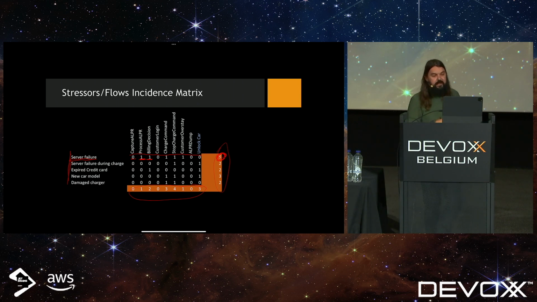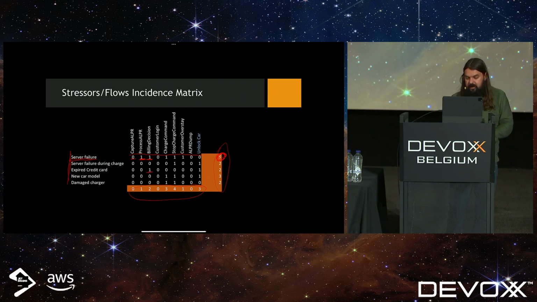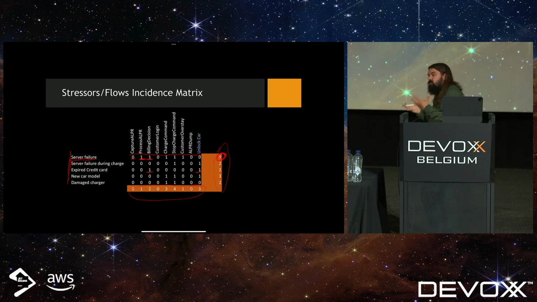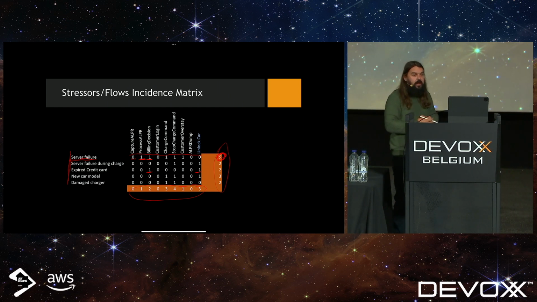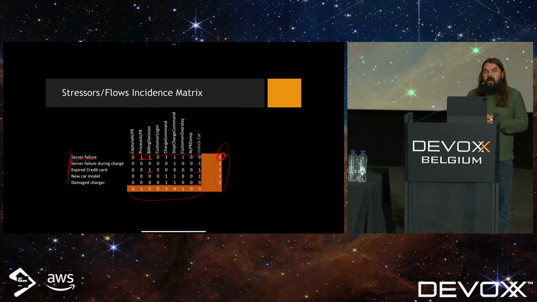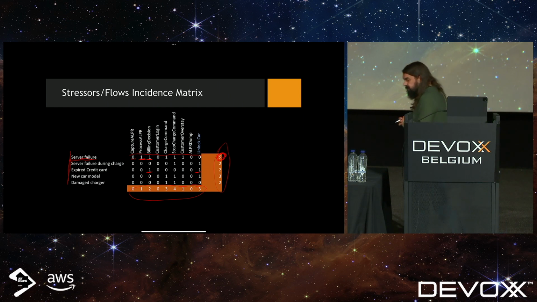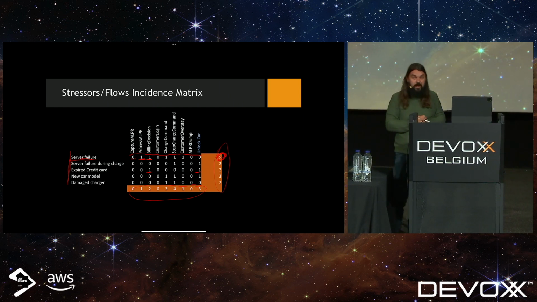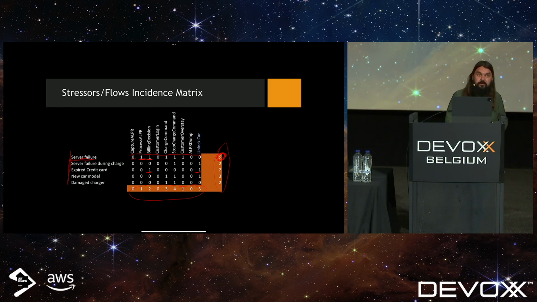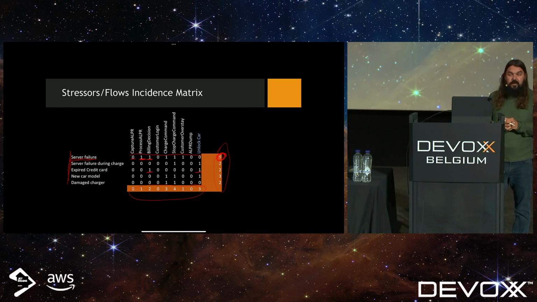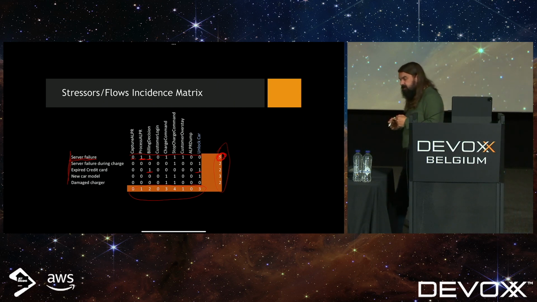So every time we see two 1s, we say that these two things are coupled in some way, and we go back to our adjacency matrices and we say that if there's no functional relationship between these things, what we're actually doing is discovering hyperliminal or invisible coupling, and that means we're discovering non-functional requirements in the system, and discovering non-functional requirements in this way is actually how good architects do it. The good architects don't ask their stakeholders, what are your non-functional requirements, and put all the responsibility on them to express themselves in technical terms that they can never possibly do.